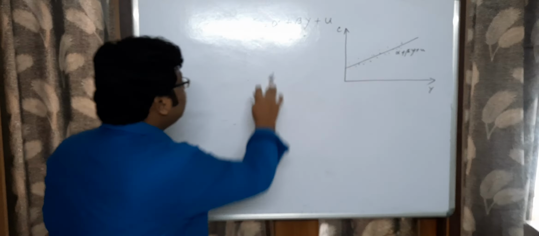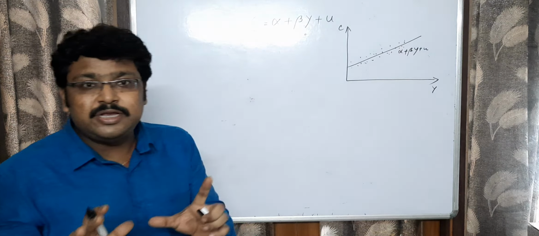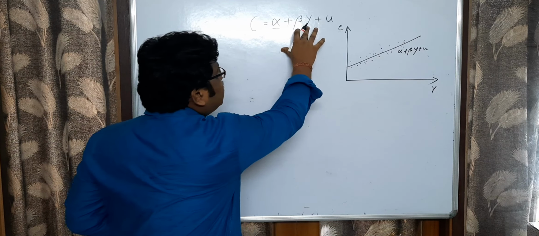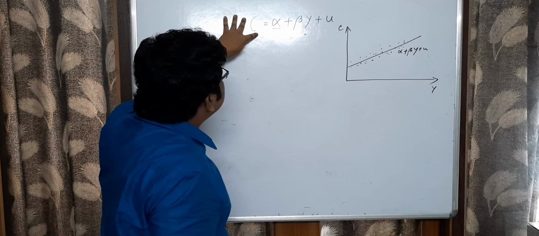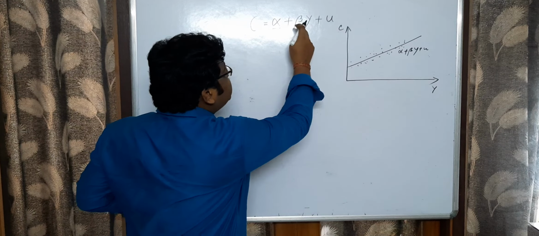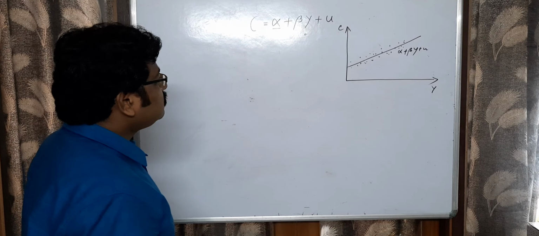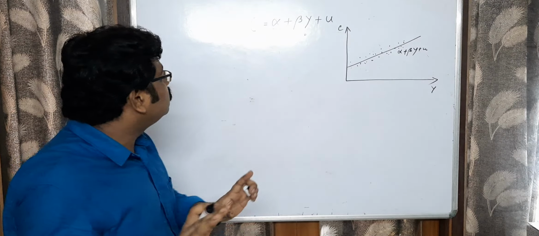So alpha is the intercept and beta is the slope. Beta is the slope. It means for a one unit increase in y, how much effect is there on C? It is beta. So this is the slope.